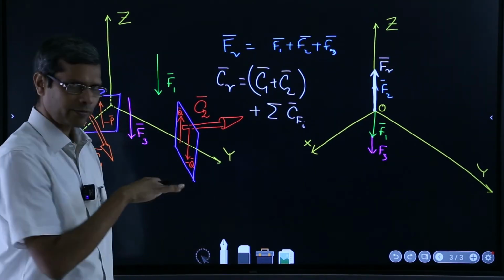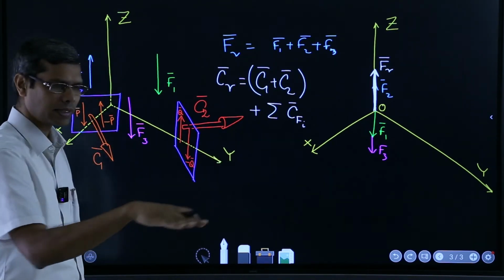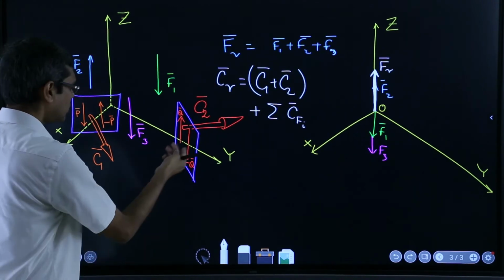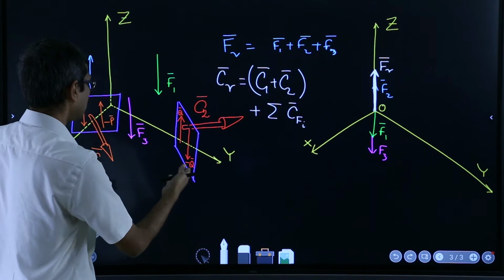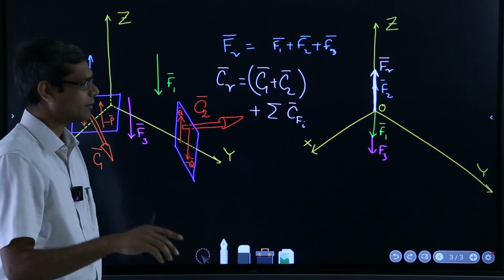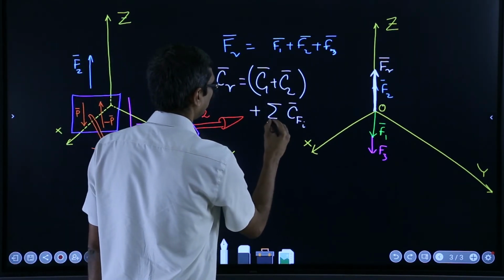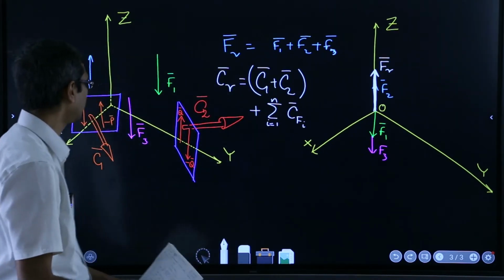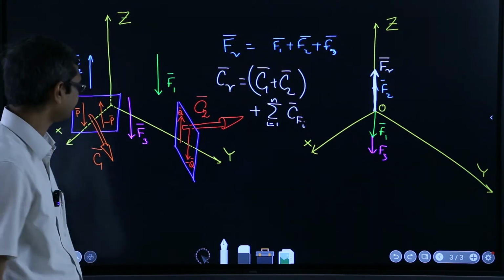Please note that every such couple moment again lies on the same plane, because the couple moments are free to move parallel to their lines of action. So we can bring them to the same plane and just add them like this, with i going from 1 to n, where n is the number of forces which were not included in the couple moments.